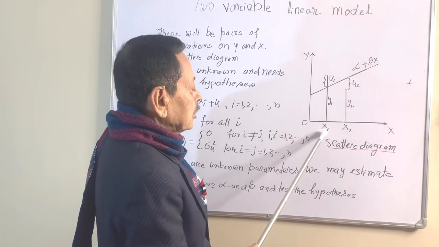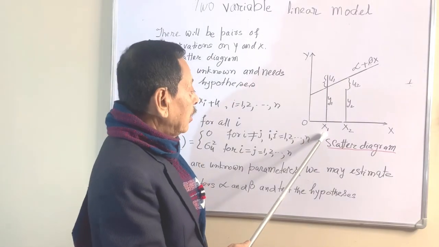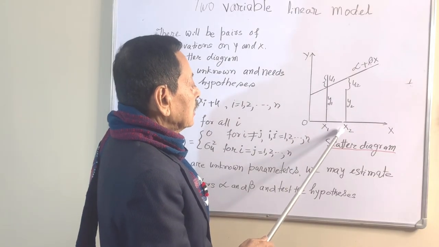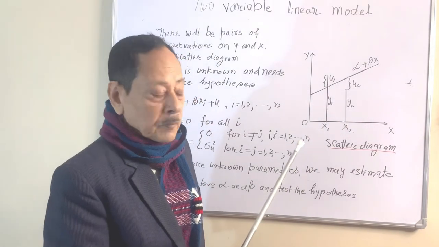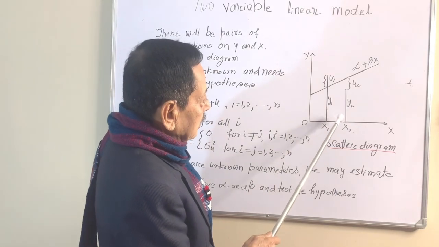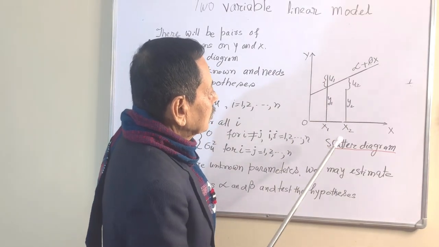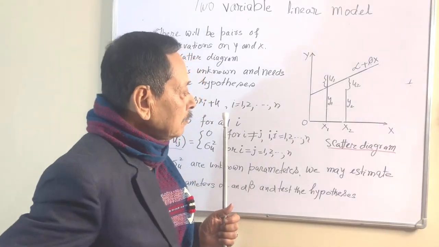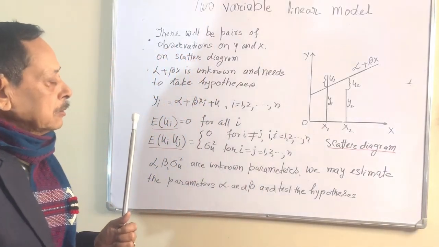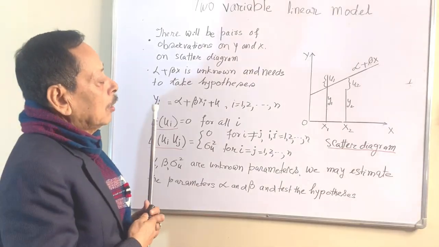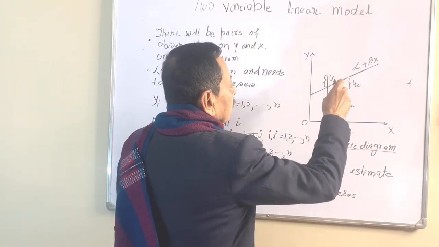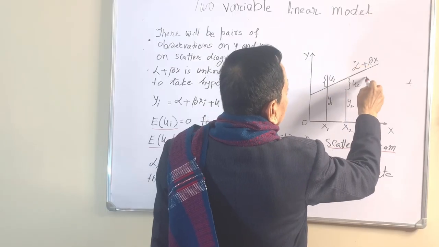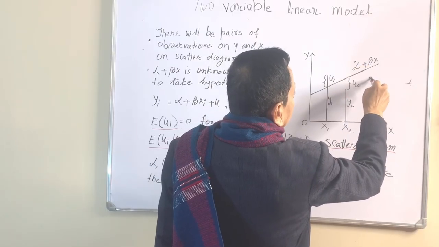So in the first level of x, y has increased, but in the next level y has decreased. For simplicity, say two observations have been shown, and there will be other observations like this and this.